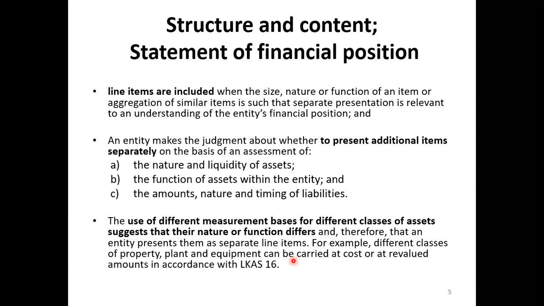Some of the items are valued at historical cost, so that group will be disclosed separately. Some items are valued at fair value or market value, then those items should be disclosed separately.